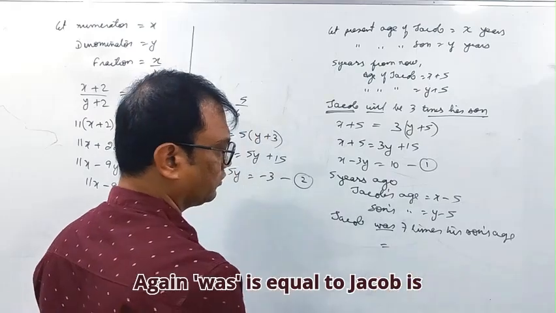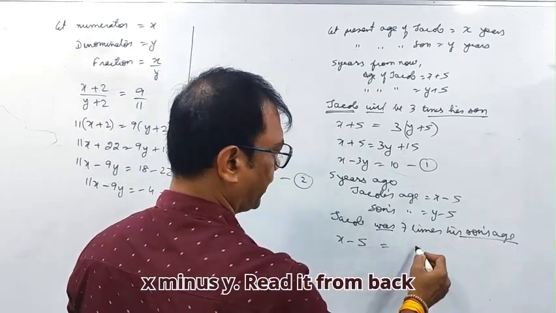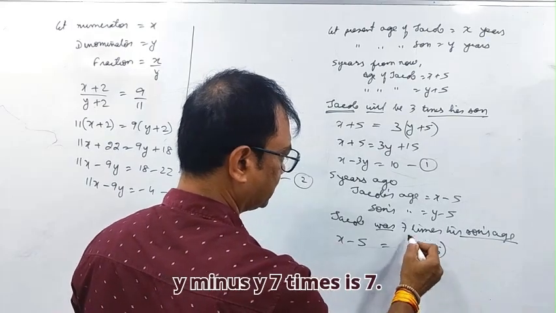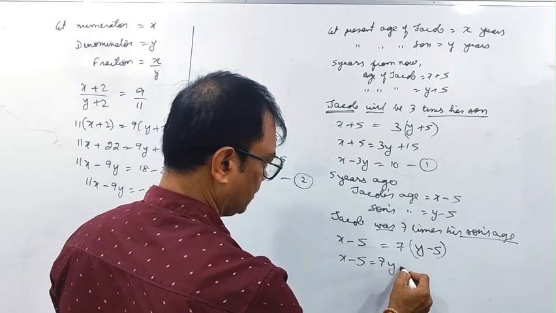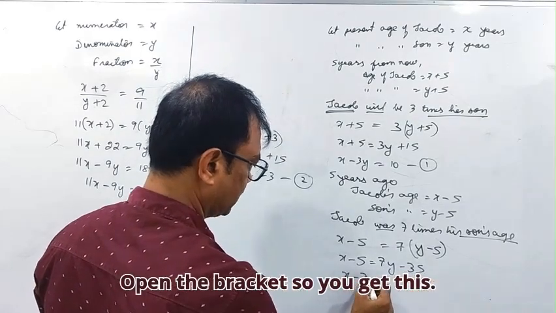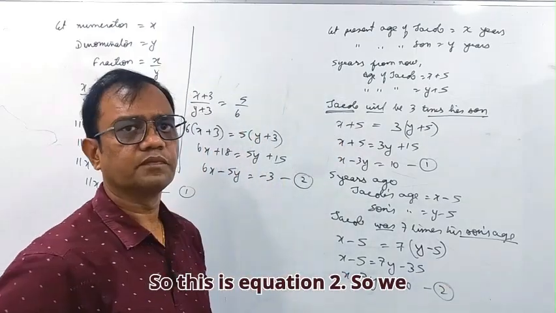Again was means equal to. Jacob is x minus 5. Read it from the back. y minus 5. 7 times is 7. Open the bracket. So you get this. So this is equation 2.